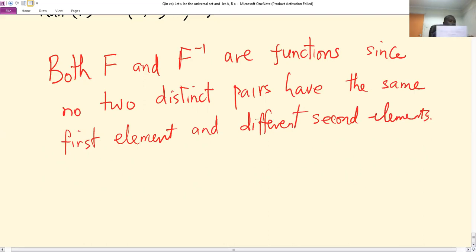So that's usually the guiding principle. The first elements are what guides for a relation to be a function or not.